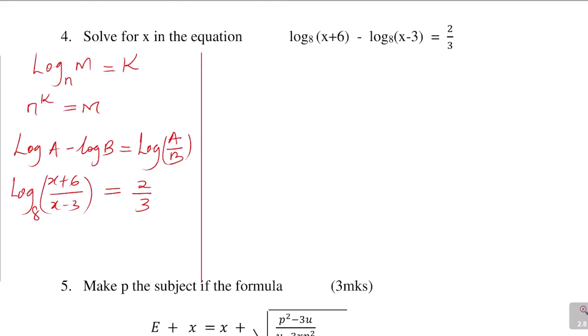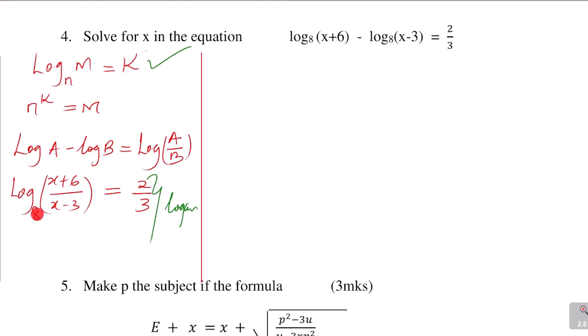So when you look at this, you notice that this one is in logarithmic notation, just like whatever we had there. So if you were to write that in index notation, remember what we did? You take n to power k.